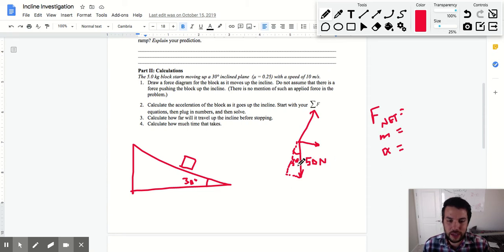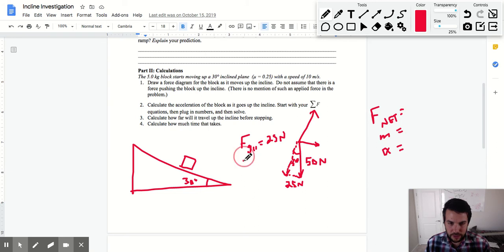Now I need to find my parallel and perpendicular components, so I need my sine and cosine of 30. Sine of 30 is 0.5, so this component here is 25 newtons. That's the parallel component, so let me label that: FG parallel is 25 newtons.